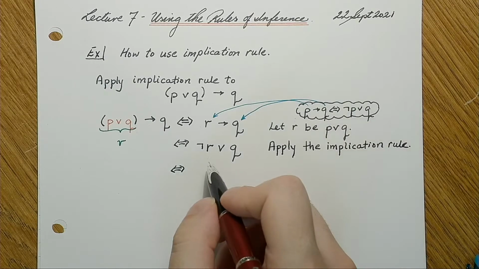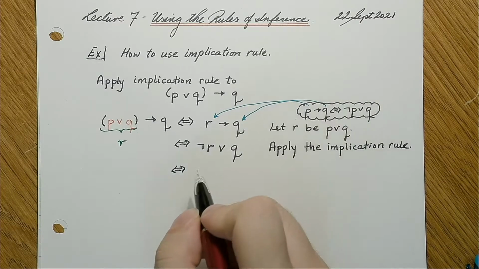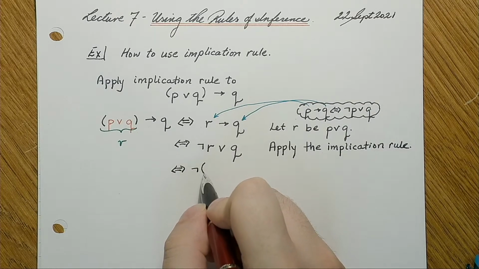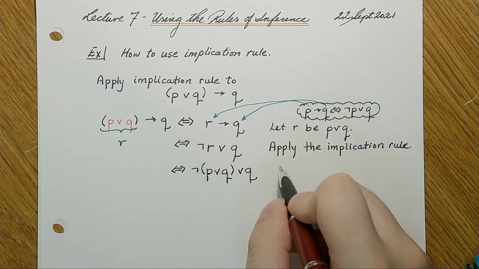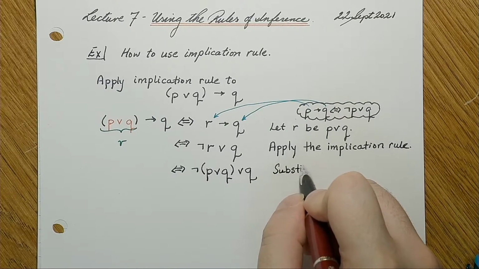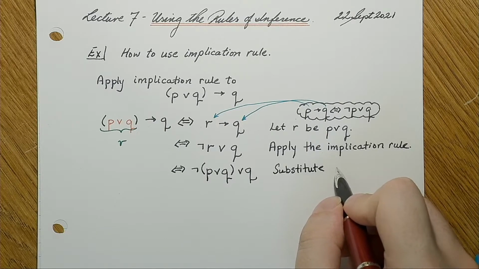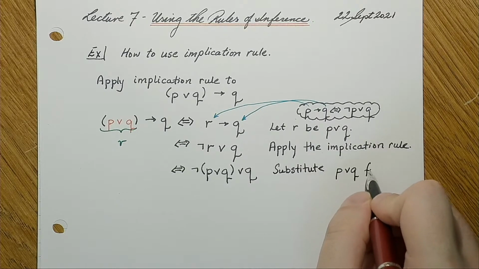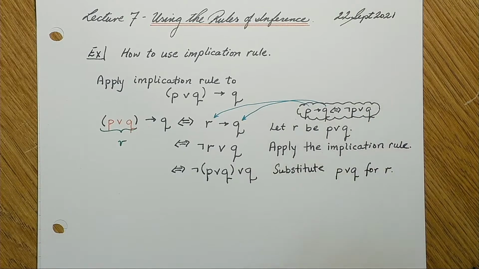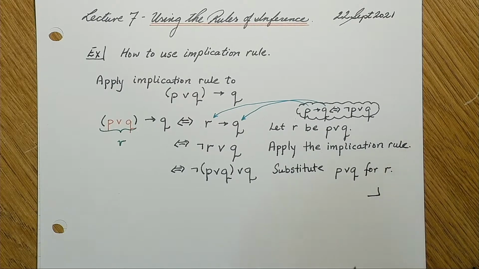And then we can replace what we had for R originally. So we'll put the not P or Q, or Q. So that's how to apply the implication rule.